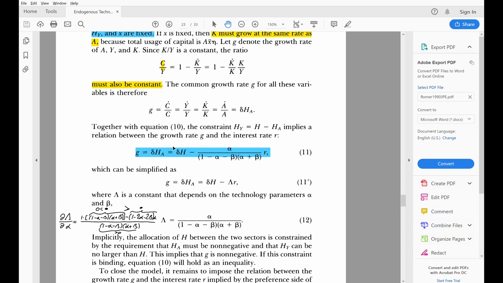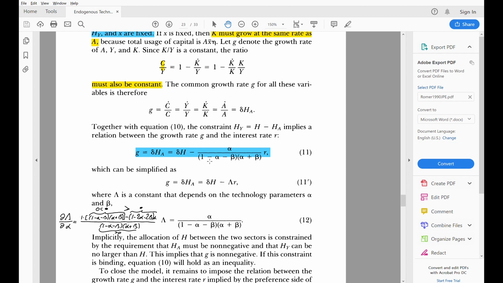It's the marginal productivity of human capital in that sector again, times overall human capital in the economy, and now we have this weird term on the right hand side of equation 11, which tells us how much incentive human capital has to not work in the research and development sector.